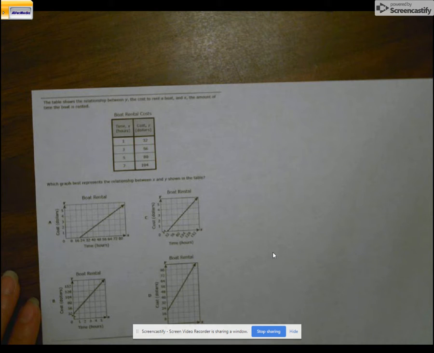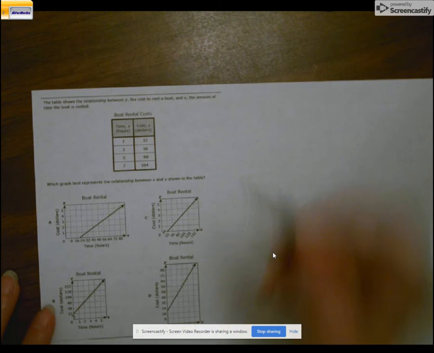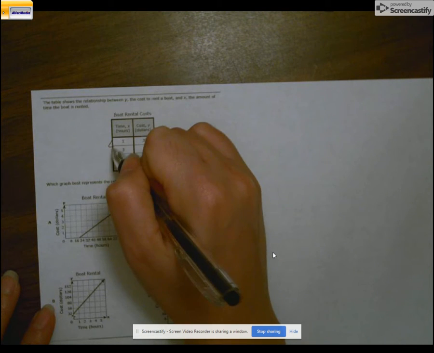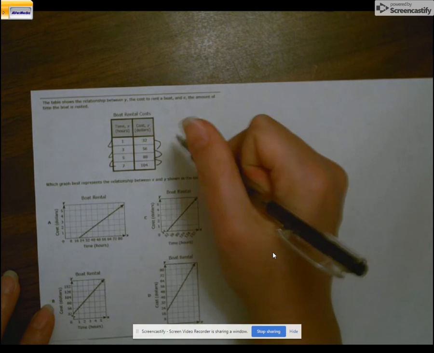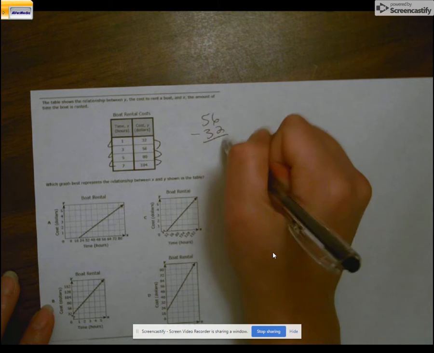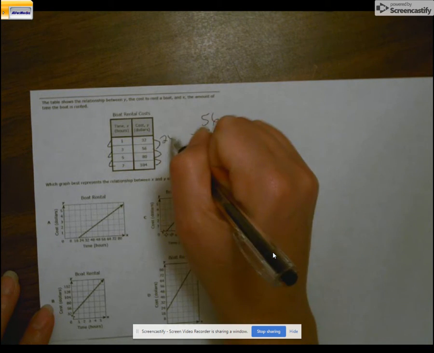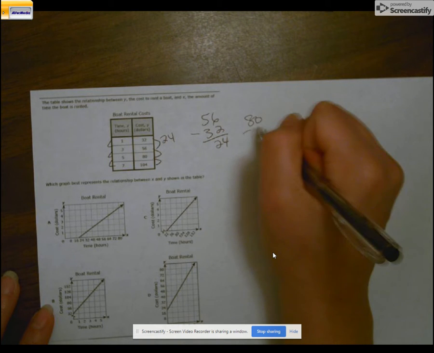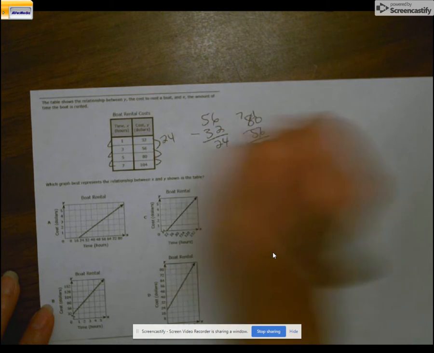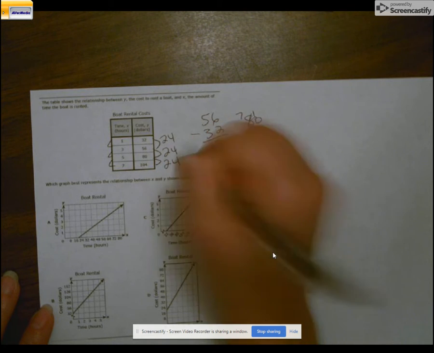Let's see if we can find which graph best represents this. So let's go through and find my constant rate of change here. So 32 up to 56 goes up by 24. Goes up by 24 and goes up by 24.